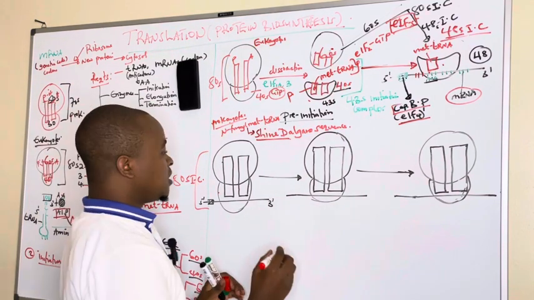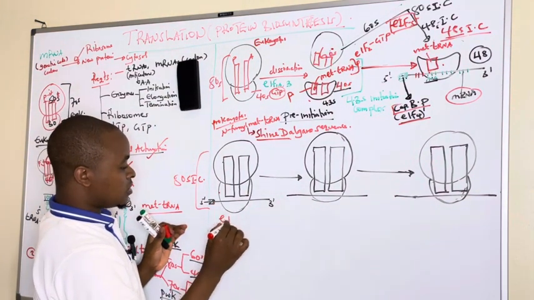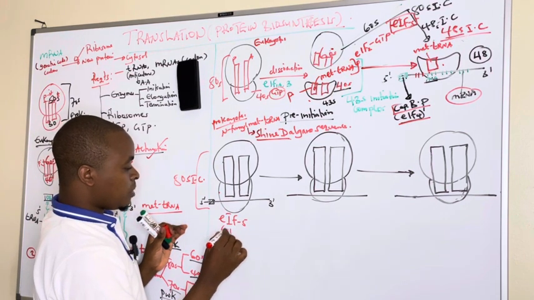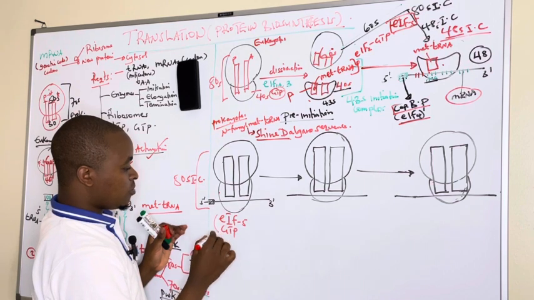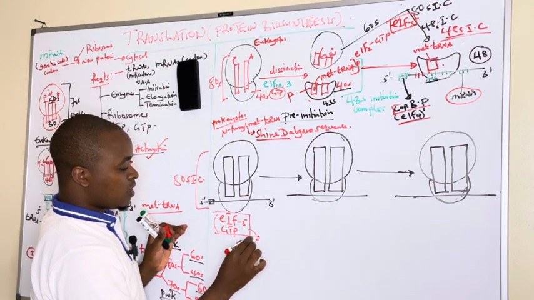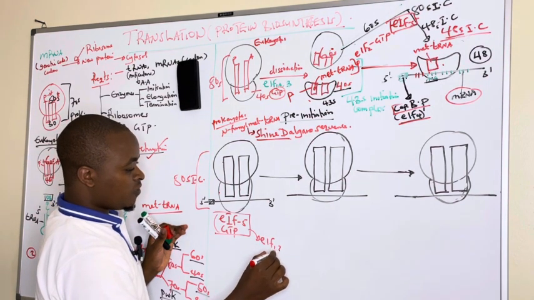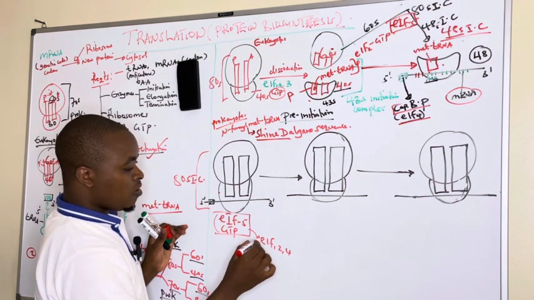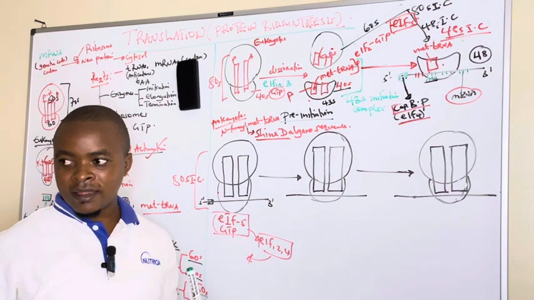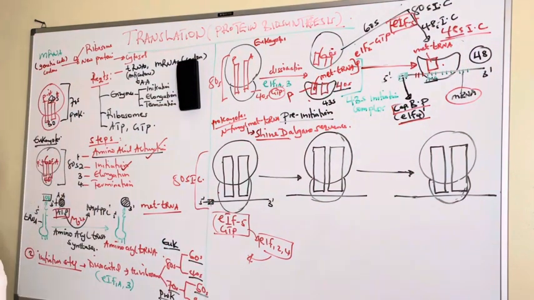For this to be formed, we need eukaryotic initiation factor 5, which is always bound to GTP to provide energy. And it cleaves away eukaryotic initiation factor 1, factor 2, and factor 4 back into the cytosol to go and initiate other processes. So this is what ends the initiation.